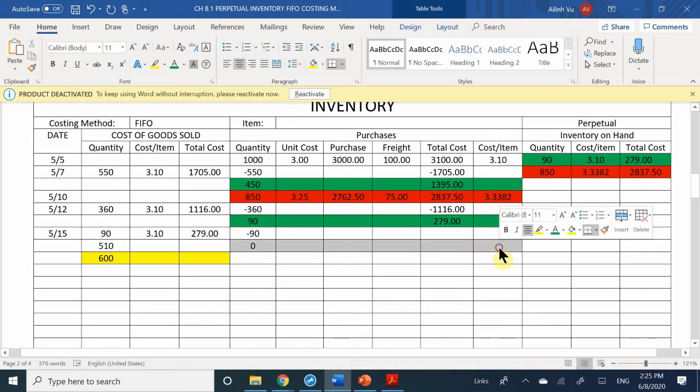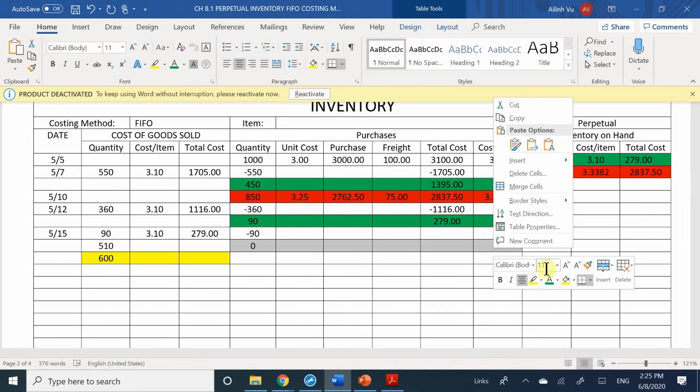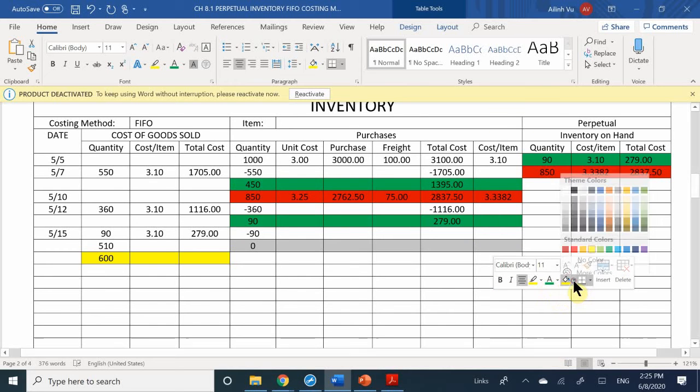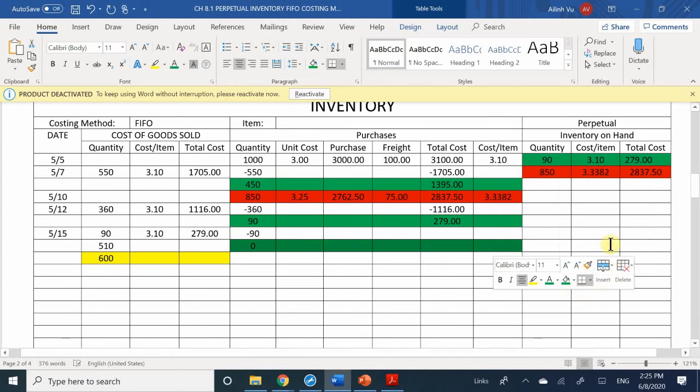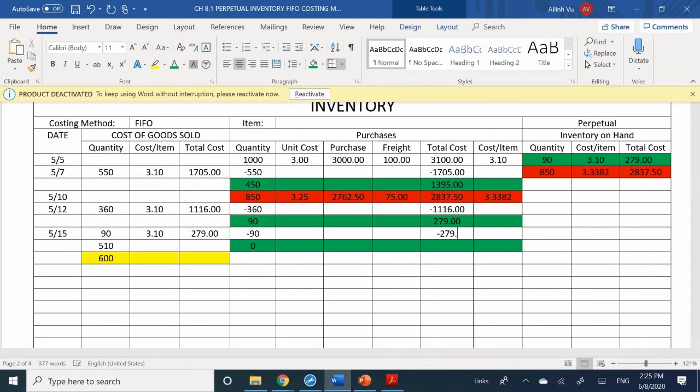All right, so I'm going to find that dark green. That means it's 0, and here I subtracted 279. Therefore, my total amount is going to be 0. And that means I'm going to go up here and zero this completely out. It's going to be 0, and this amount is going to be 0.